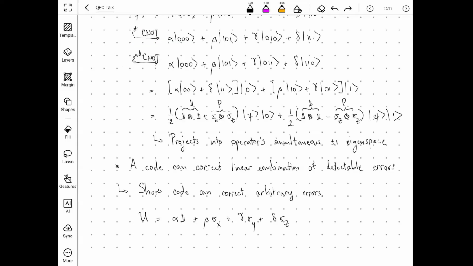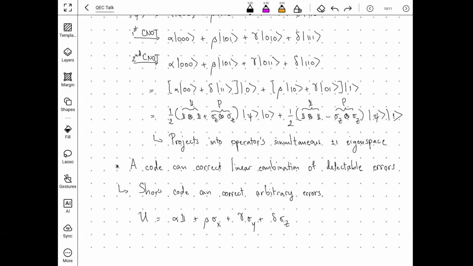So, now that you see that these Pauli operators can be measured, they can be used to detect errors by measuring them and seeing whether the value is -1 or +1, depending on whether they commute or not.